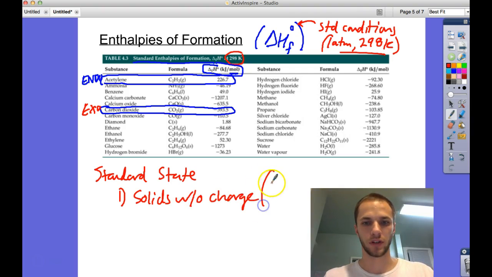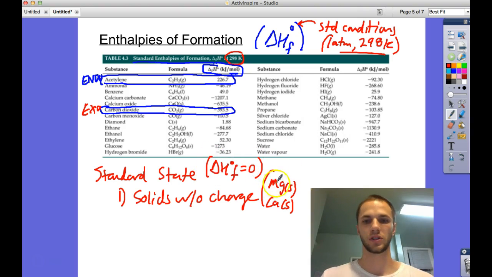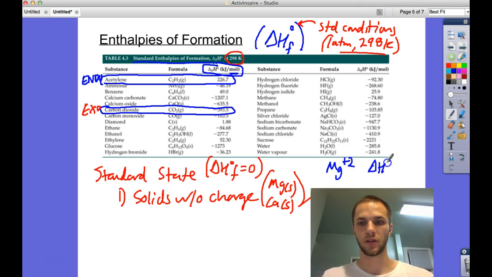If in an equation you see Mg solid, Ca solid, the enthalpy of formation is equal to 0. It's an assumption that we make. This is not true if you have something like an ion, like Mg2+. That's not in its standard state, so the enthalpy of formation, the energy for this, is not equal to 0. Only if it's a solid with no charge.